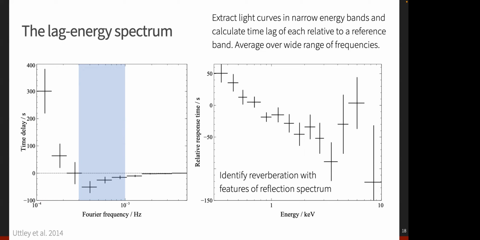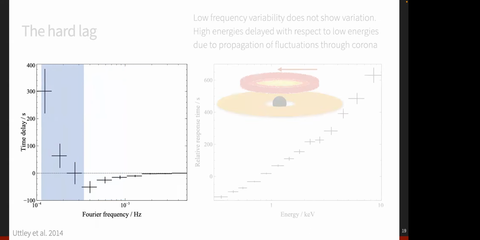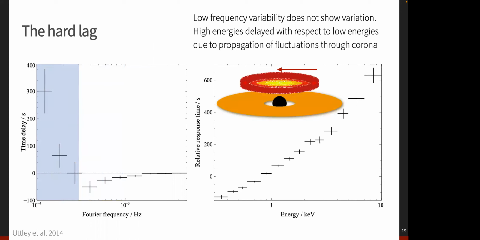But what's going on at low frequencies? How is the reflection arriving ahead of the continuum at low frequencies? Well, it's not. But this goes right back to the question here, is that these bands aren't pure reflection and continuum. What we can do is we can do the same experiment. We can plot this time lag versus energy over that low frequency range.